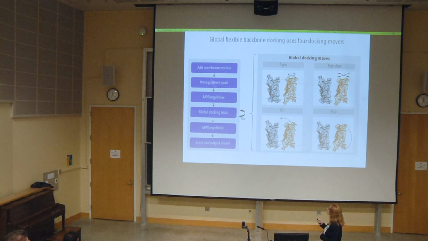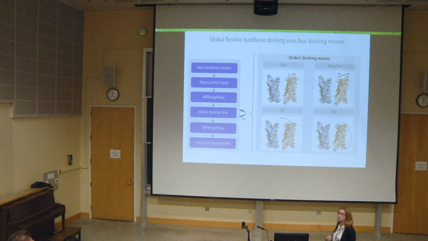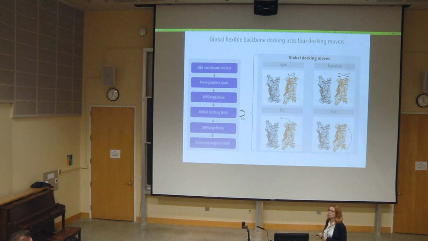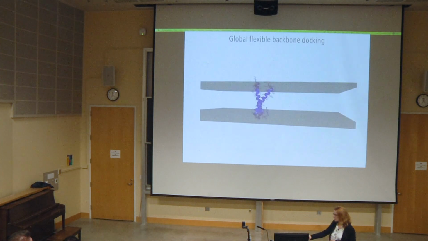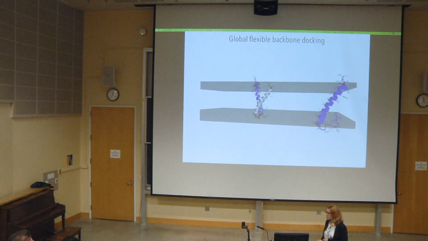We add the virtual membrane residue, we move the two docking partners apart, we do a high resolution refinement, we do a couple of docking trials, which is based on 4 movers, and those 4 movers are spin movers, translate movers, tilt movers, and flip movers. And so we do this a couple times, then we do another high resolution refinement before we score and output the model.